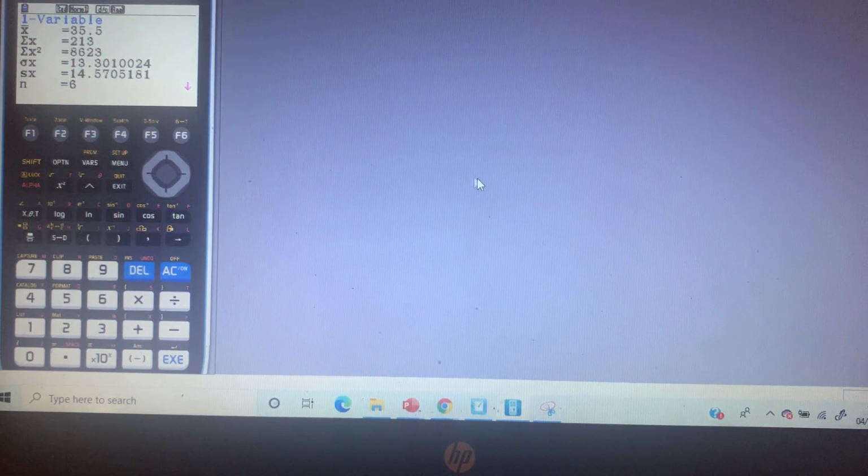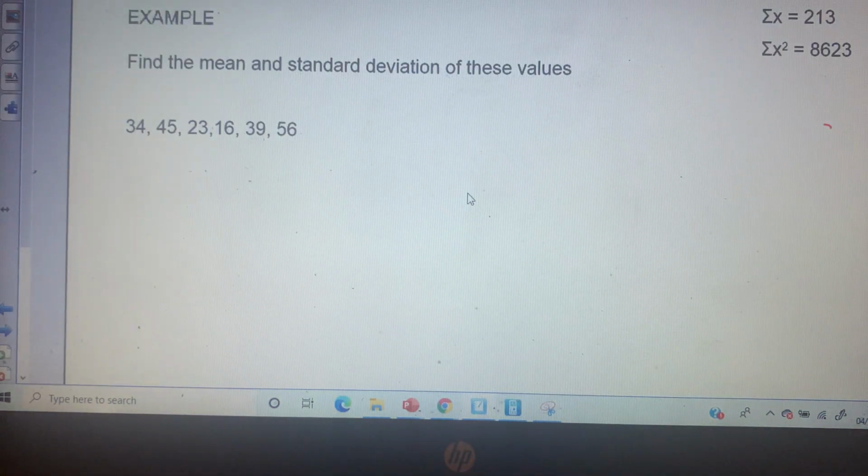You've got two values here, something that looks like this. Now this is going to be your standard deviation. So we'll make a note of this in a minute. So this is your standard deviation.